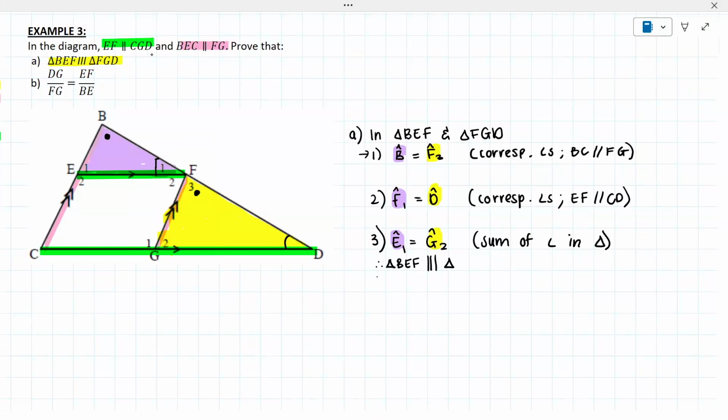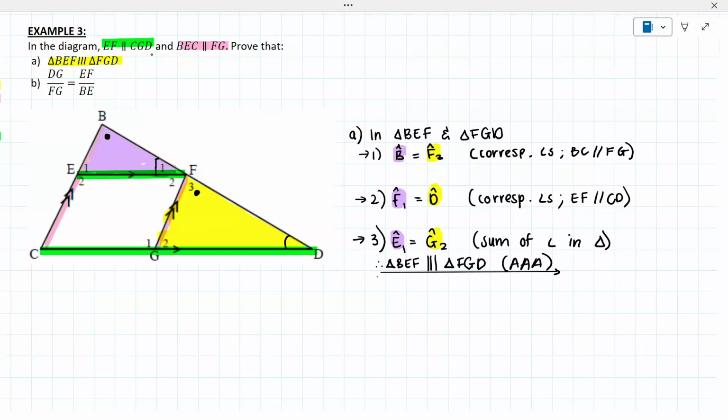Angle B corresponded with angle F, but we just use the letter. Angle E in the purple triangle corresponded with angle G. And angle F in the purple triangle corresponded with angle D in the yellow. And so that's how I can check that my order is correct. It seems like a really silly thing, but it does help if you keep your triangles lined up on each side.